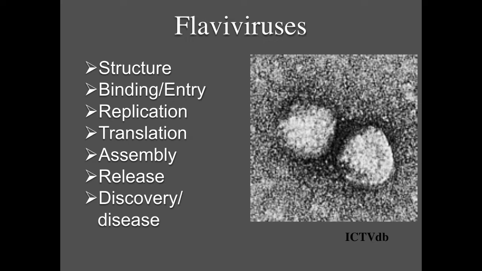And then at the end, more of the history and pathogenesis of a select number of Flaviviruses. I used to always do this with the discovery and disease first, and then I would never have time to get to the other stuff, so hopefully this order works.